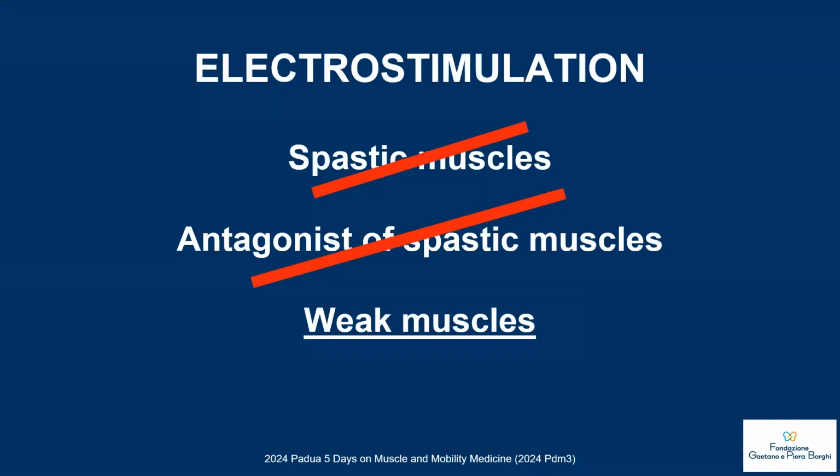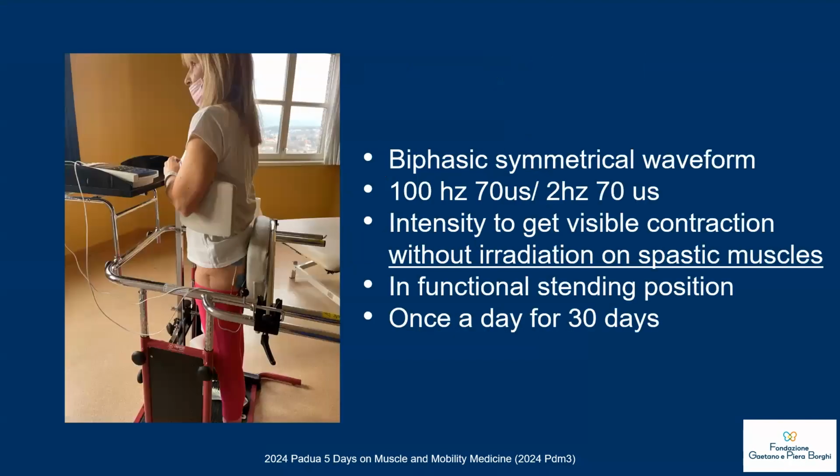But we know electrostimulation is always a controversial issue, because some people think that it can worsen the spasticity, so we don't stimulate the spastic muscle. We don't stimulate the antagonist of the spastic muscle, but we just stimulate weak muscles.